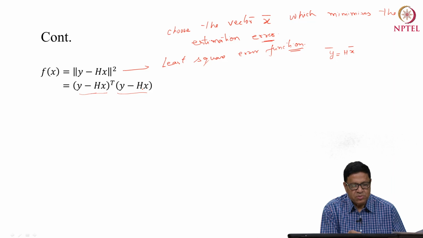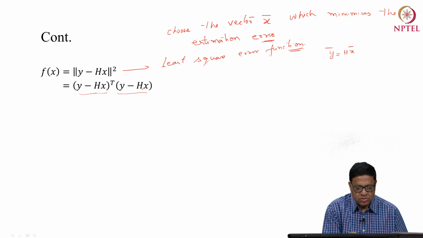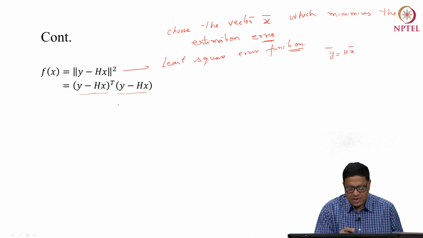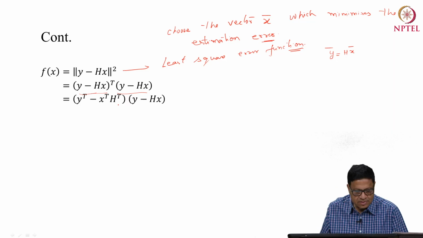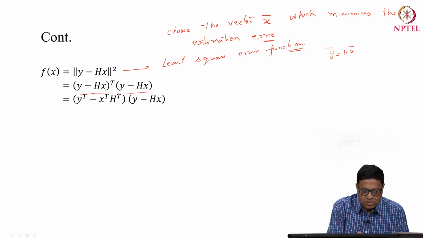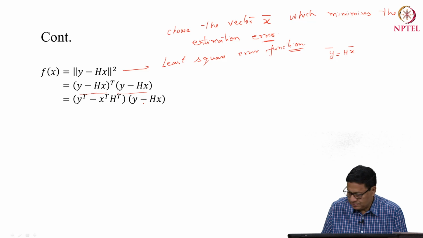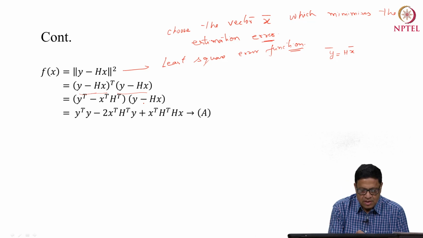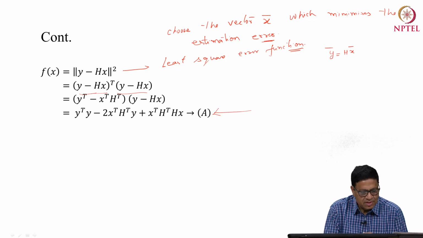Right now I'm assuming this to be real. Now let us multiply these two terms. The transpose operator gives y transpose minus x transpose H transpose, since the order gets reversed when you take the transpose, into y minus Hx. Multiplying all the quantities, we get this equation, which is A here.